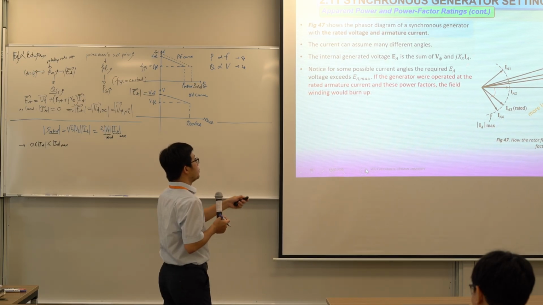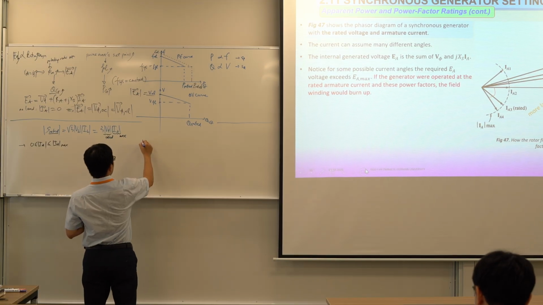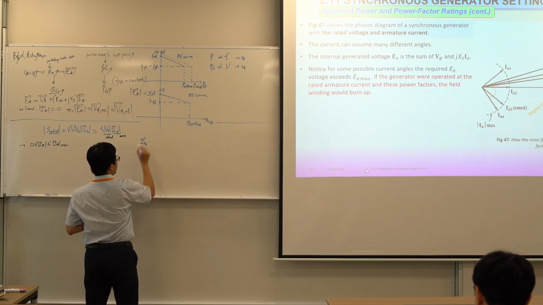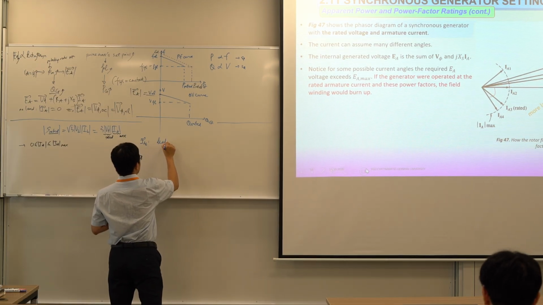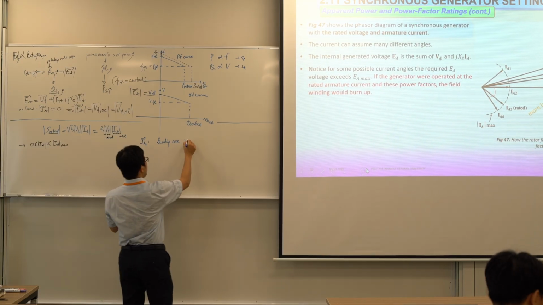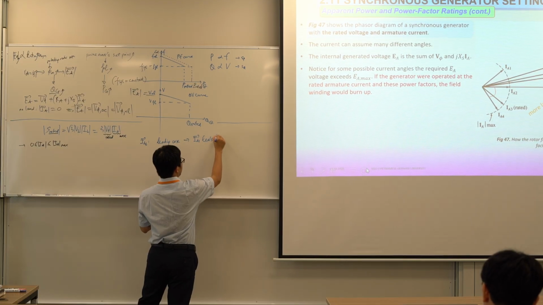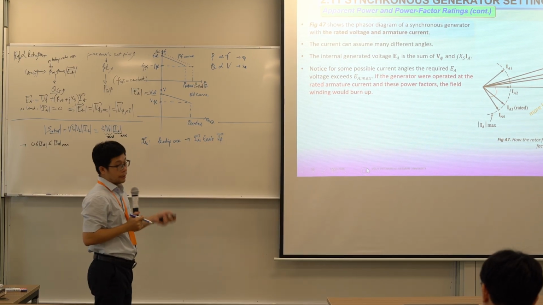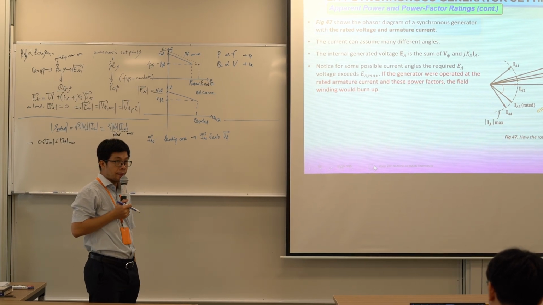If we observe this phasor diagram, we have three cases. If we consider IA1, this one is the leading case. Why? Because IA1 leads the phase voltage. Do you agree with me? Yes.